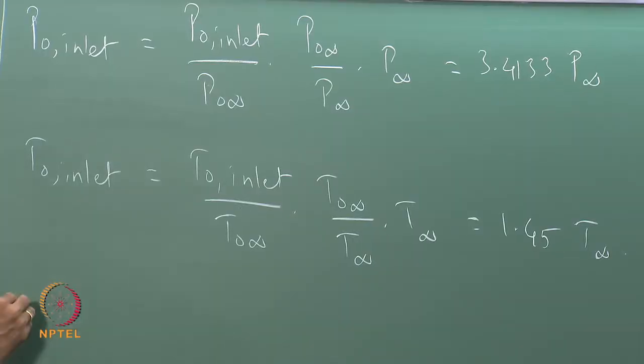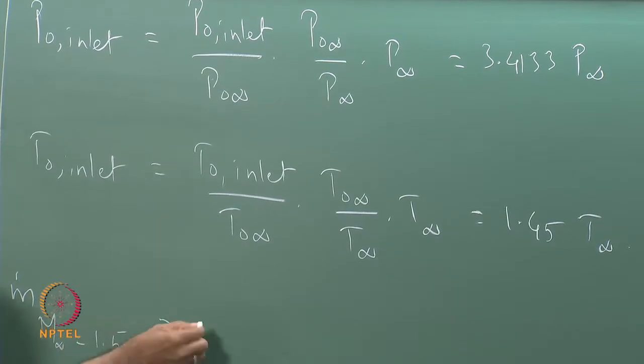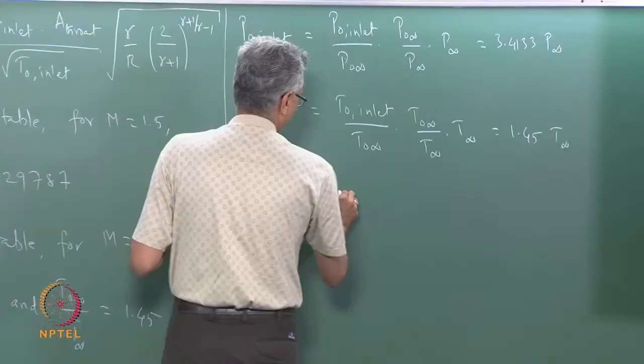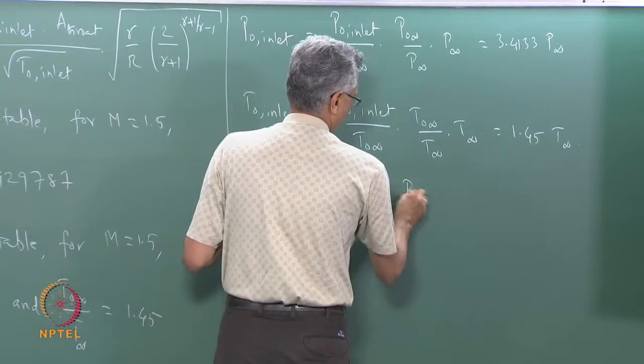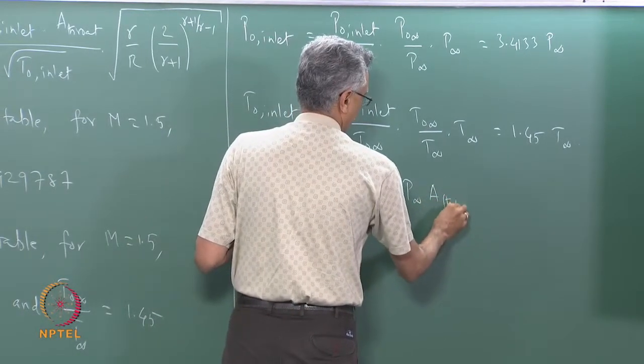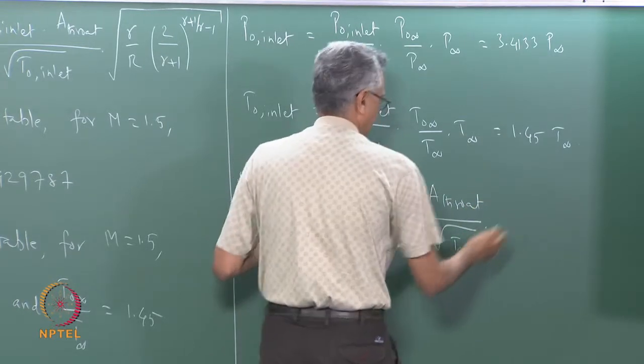So, m dot for a free stream Mach number of 1.5 now comes out to be 2.8346 times P infinity A throat divided by square root of T infinity times the same quantity.